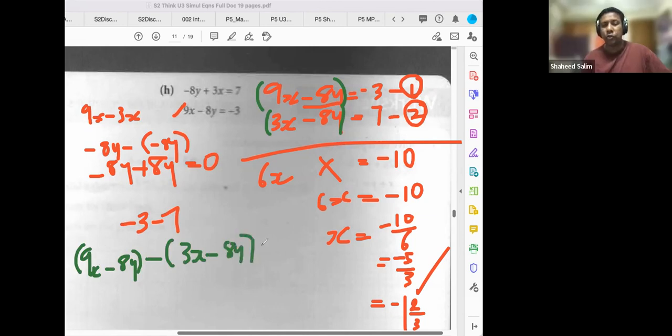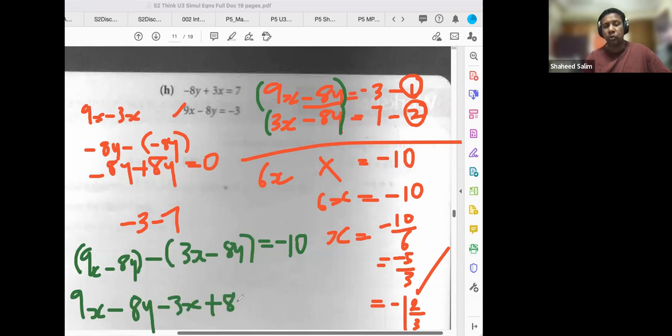If you want to do it mentally, it's okay. Then some minus 10. So you remove the bracket: 9x, you got to be careful, minus 8y. Then minus and plus is minus 3x. Minus and minus is plus 8y.